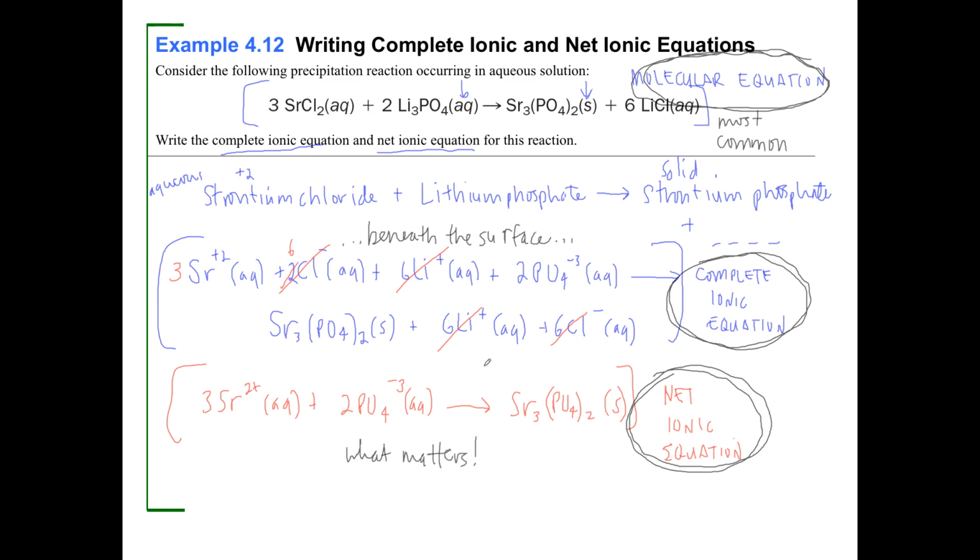That's the net ionic equation. And we use all 3 of them for different purposes, right? We use the molecular equation if we want to talk about the labels on the bottles that we mix together. We use the complete ionic equation if we want to think about what's going on. And we use the net ionic equation if we want to talk about just the net reaction of what really happens. Hope that's helpful.